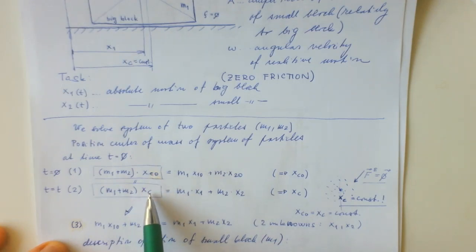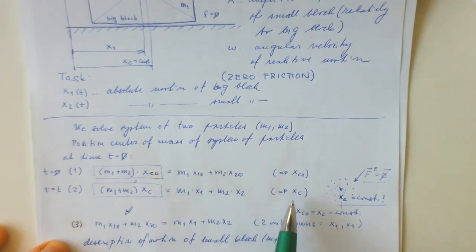So xc, the general position of center of mass, by total system mass, is equal to the sum of statical moments of system elements. So it's m1 by x1 plus m2 by x2. And from this we could calculate the position of center of mass of all system, in time, generally.